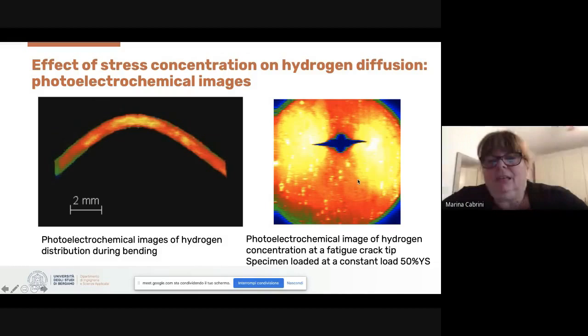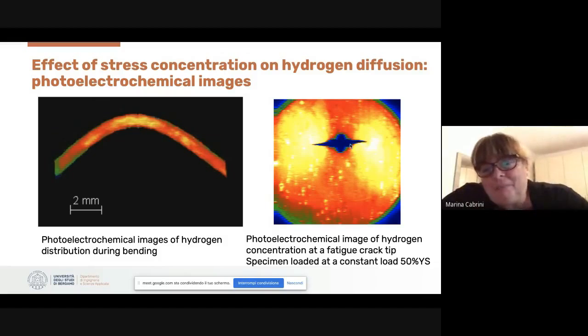After this, we loaded the specimen using a constant load at 50% of the yield strength of the steel. We can observe the photoelectrochemical image in which it's possible to observe a high concentration of hydrogen at the crack tip. And this is an obvious result.